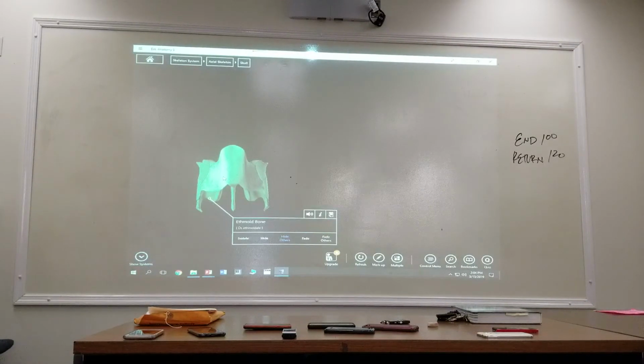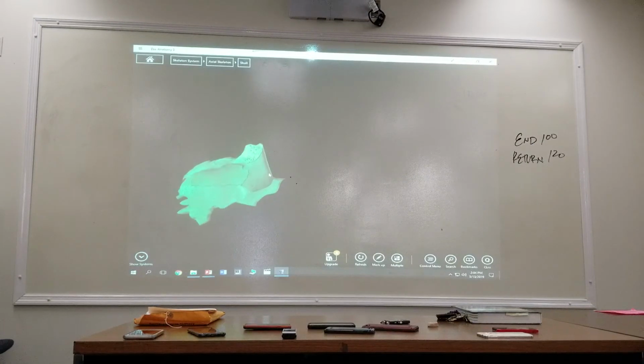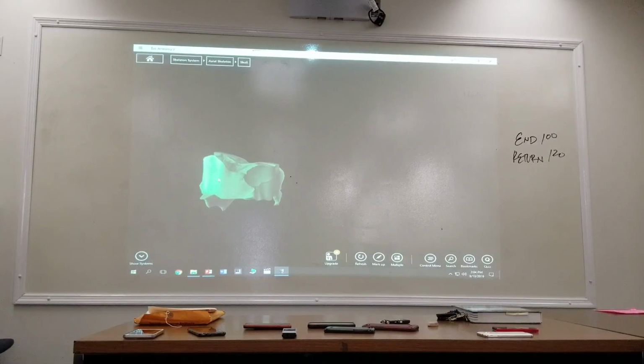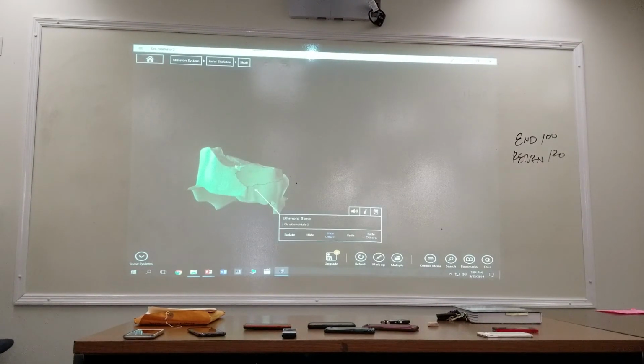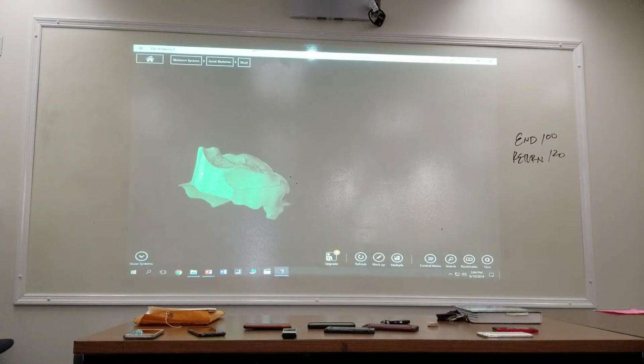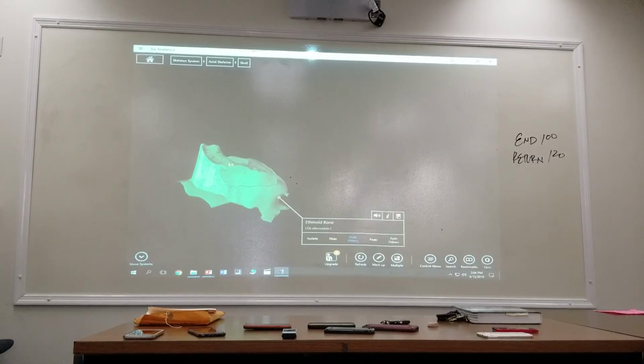Okay. The first part that we're going to learn here is what's known as the cribriform plate. You guys have your slides in front of you? Okay. So this area right here, this is the cribriform plate. It's a flat surface. Flat surface right here.